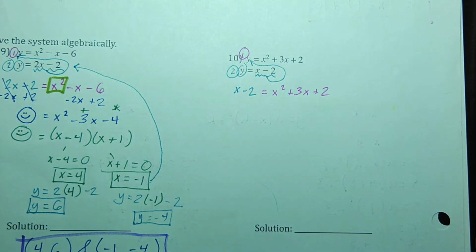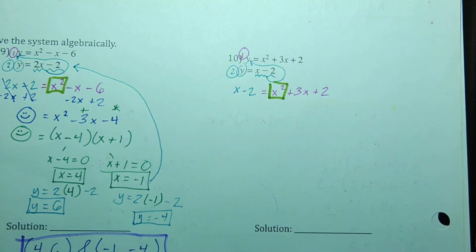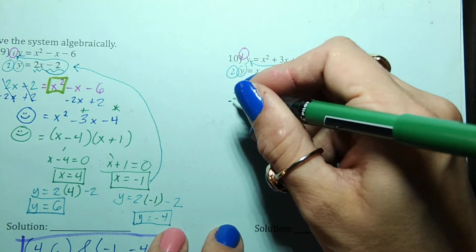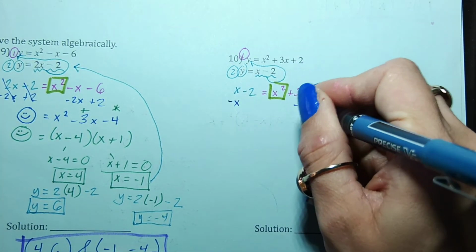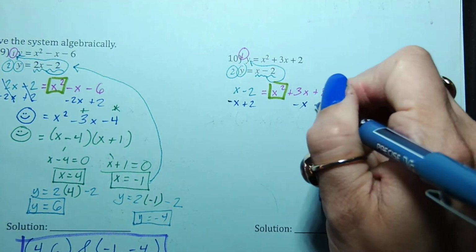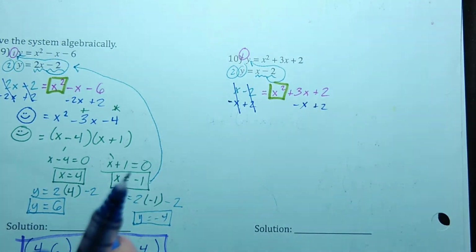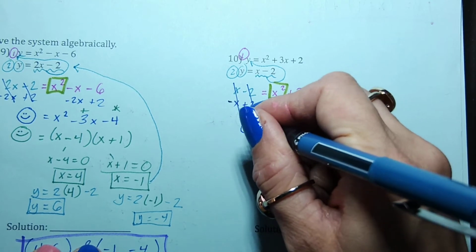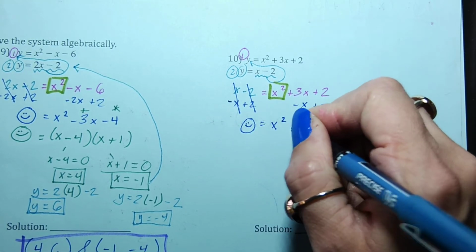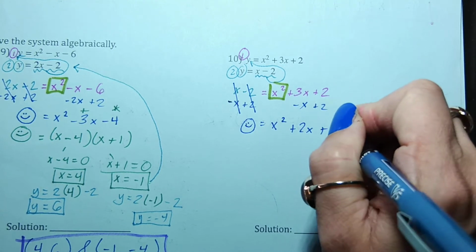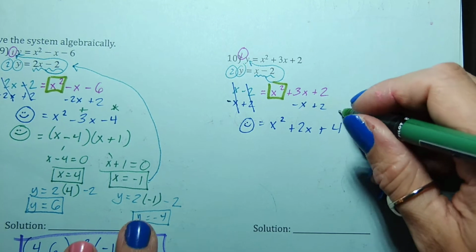Our x squared is positive, so let's keep it that way. So minus x, and x plus 2 plus 2. Goodbye, goodbye. And 0 equals x squared plus 2x plus 4. We try to factor it.